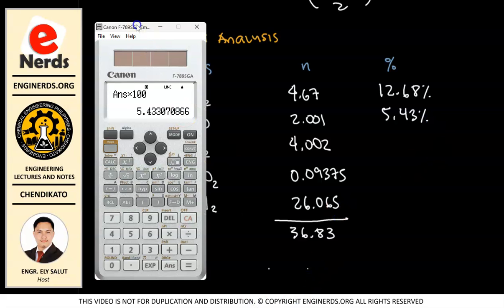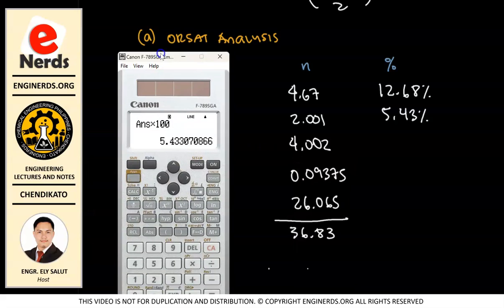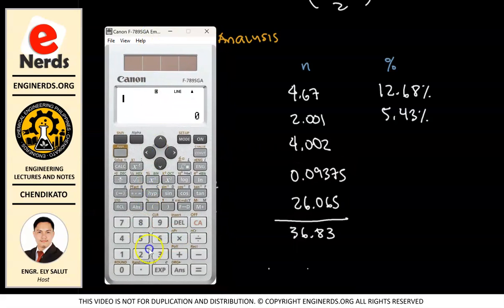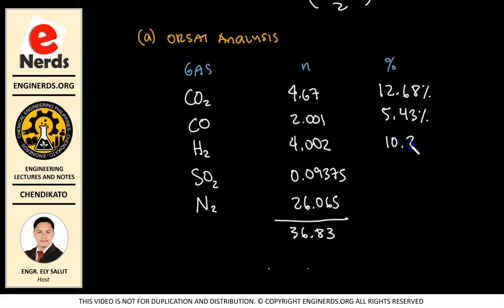For H2, we have 4.002 divided by 36.83 times 100, which is equal to 10.87%.